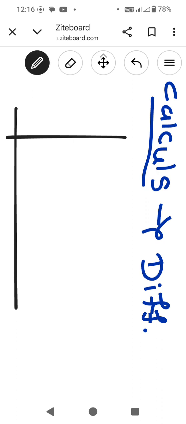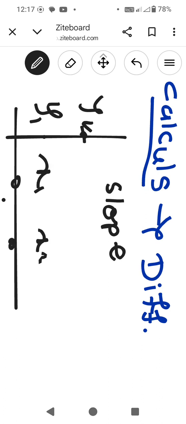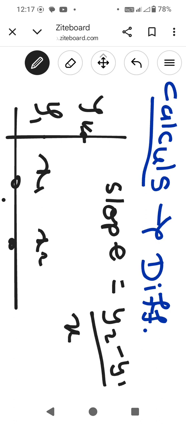If you know, the slope is what? If these are two points on the graph, y1, y2, and these are points x1, x2, the slope is y2 minus y1 over x2 minus x1, which is tan theta, because this length is perpendicular.